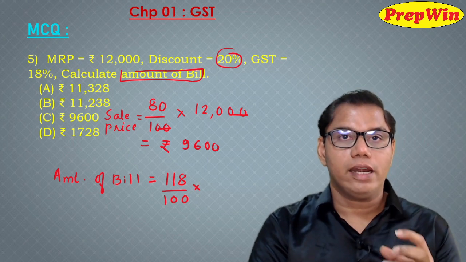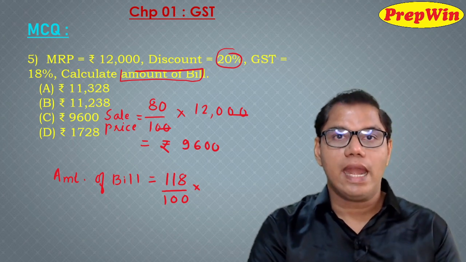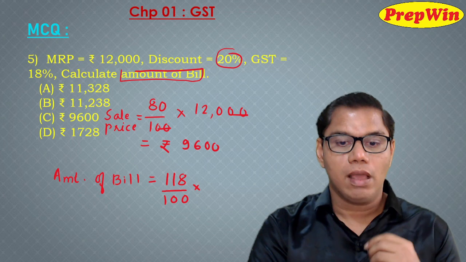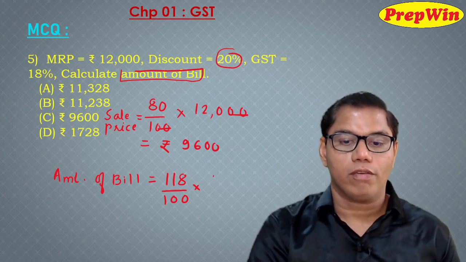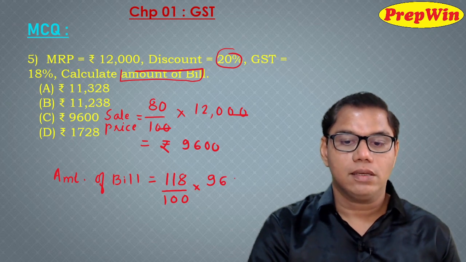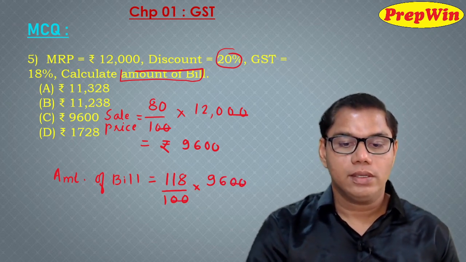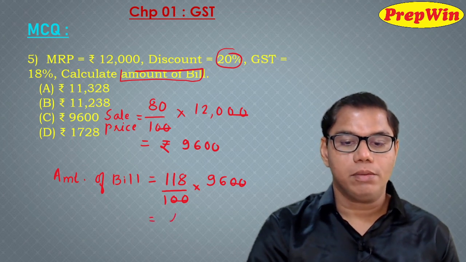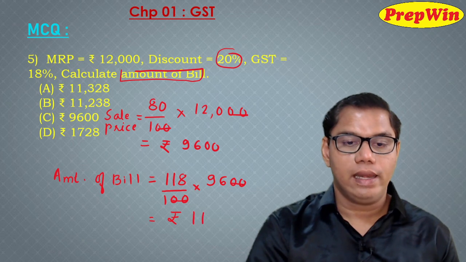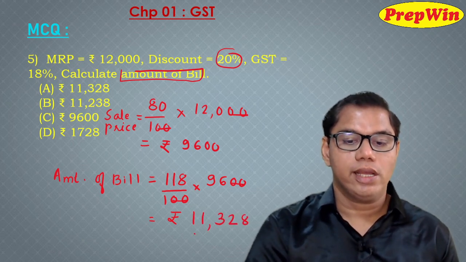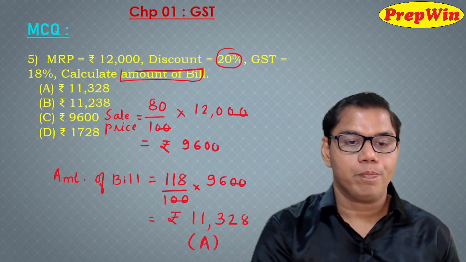So here 100% of the value plus 18% of service tax makes it 118%. 118% of the sale price is, so 00 and 00 cancelled, and when you multiply 118 by 96, you get 11,328, which is my option A.